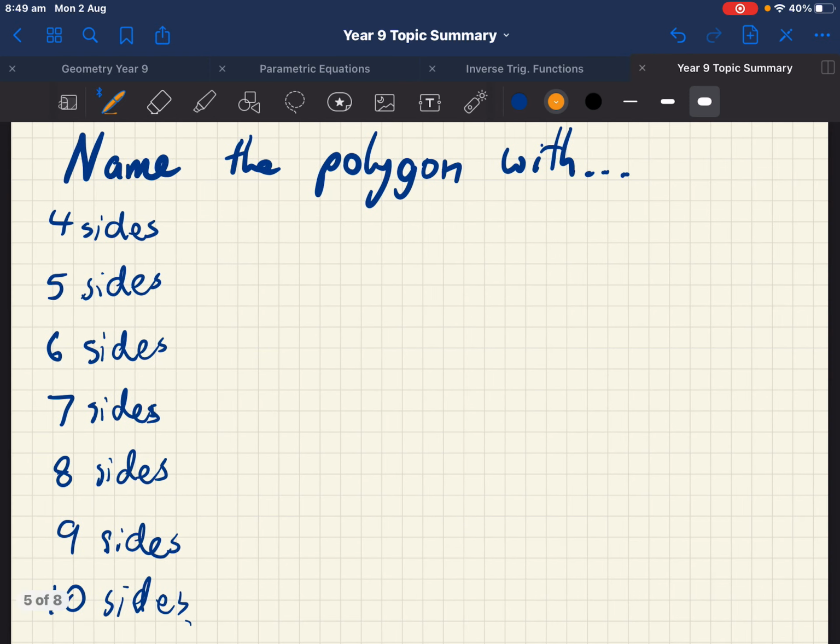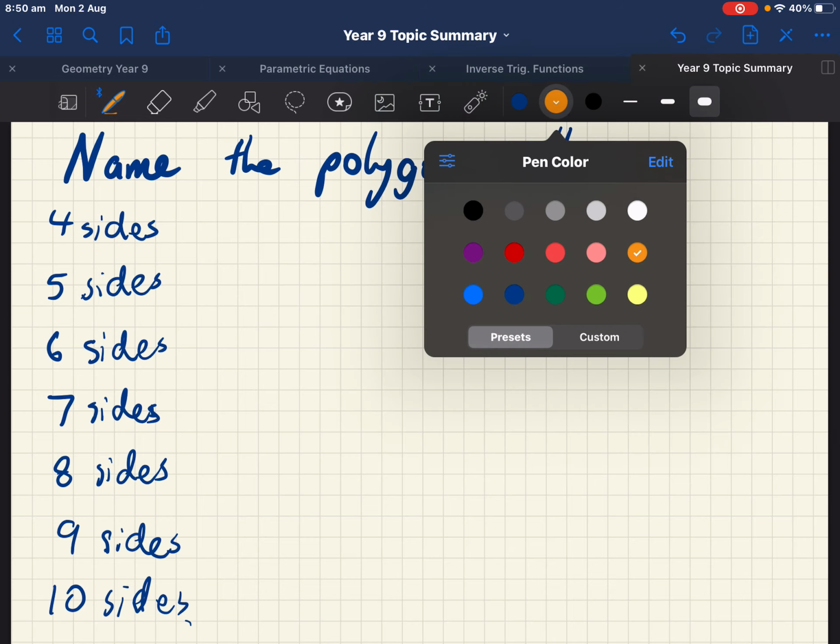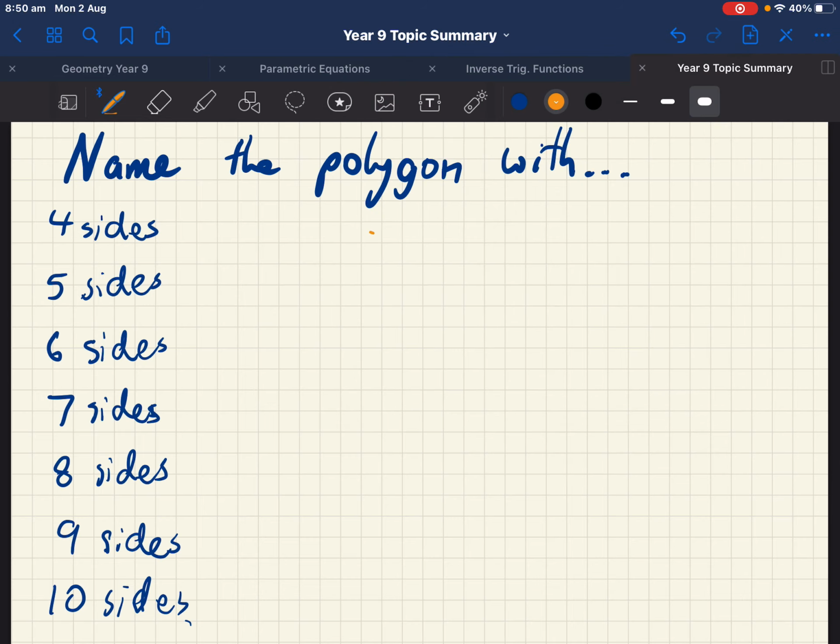All right. Next thing, name the polygon with 4 sides, 5 sides, 6 sides, right up to 10 sides. Okay, pause the video, see how many of them you can remember, and we'll get on with it. Okay, if a shape has 4 sides, lots of people like to name it like a square, a rectangle, maybe a parallelogram, right?